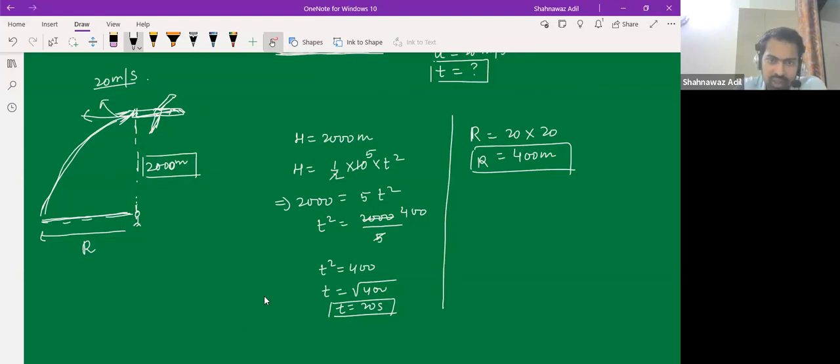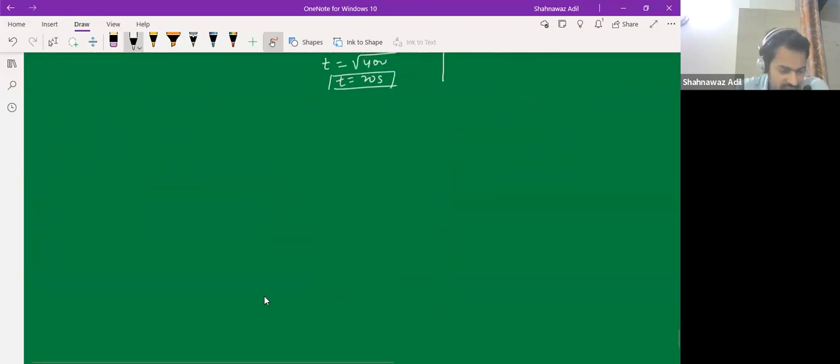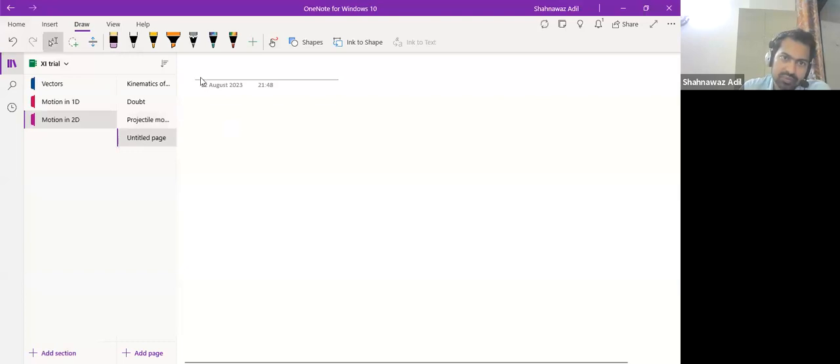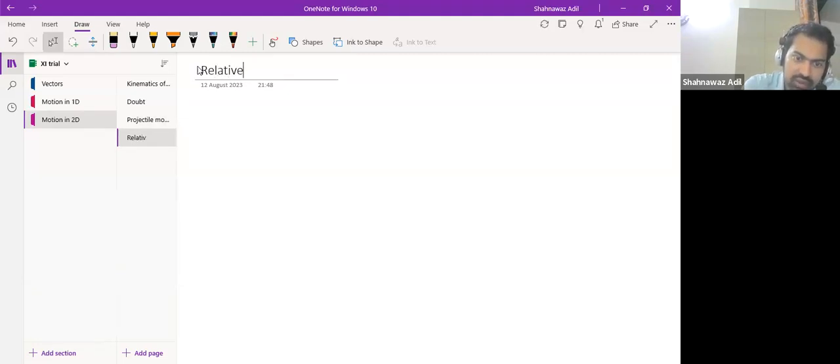So, okay, now let us do the next topic, which is relative velocity. So projectile is completed. If you guys have any questions from projectile, you guys can ask. Relative velocity.